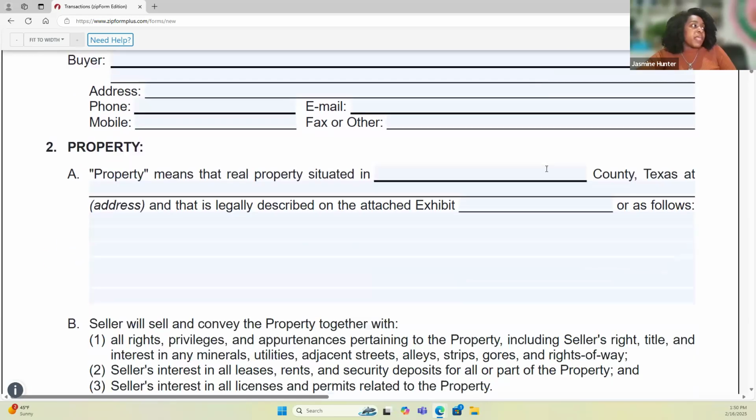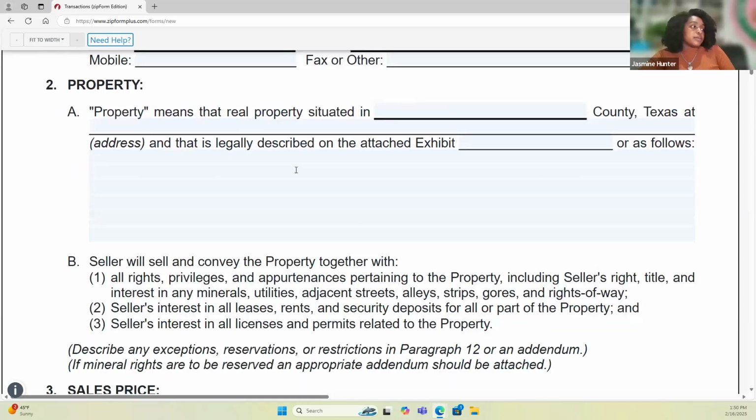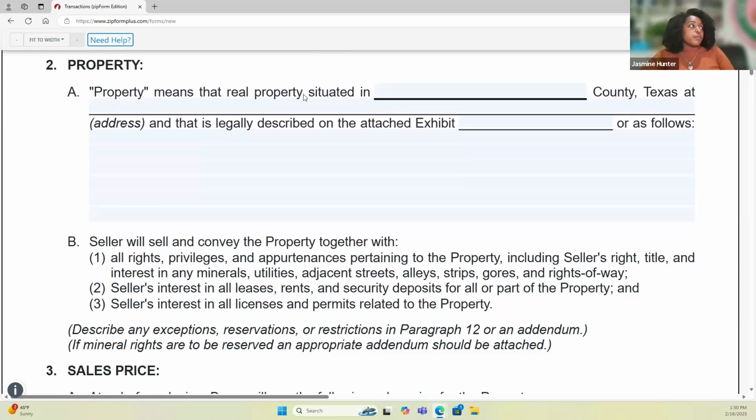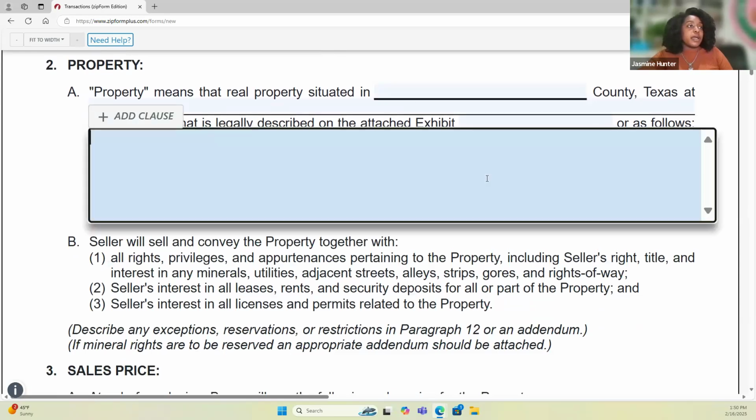Now, the property. Something else that looks different: you have the property situated in this county at this address, and this entire section is for the legal description. Commercial properties typically have crazy long descriptions, which is why they give you so much space, versus the residential contracts, where it's a small line.